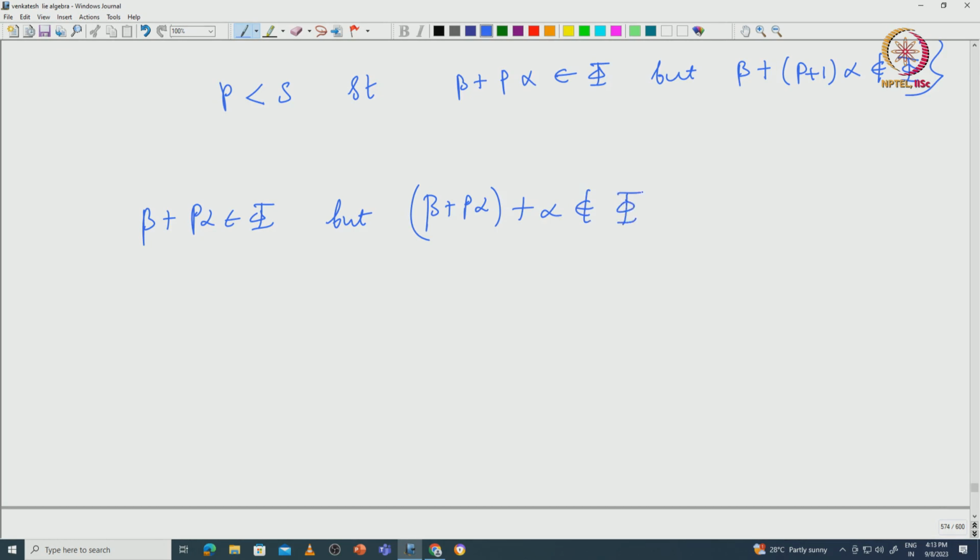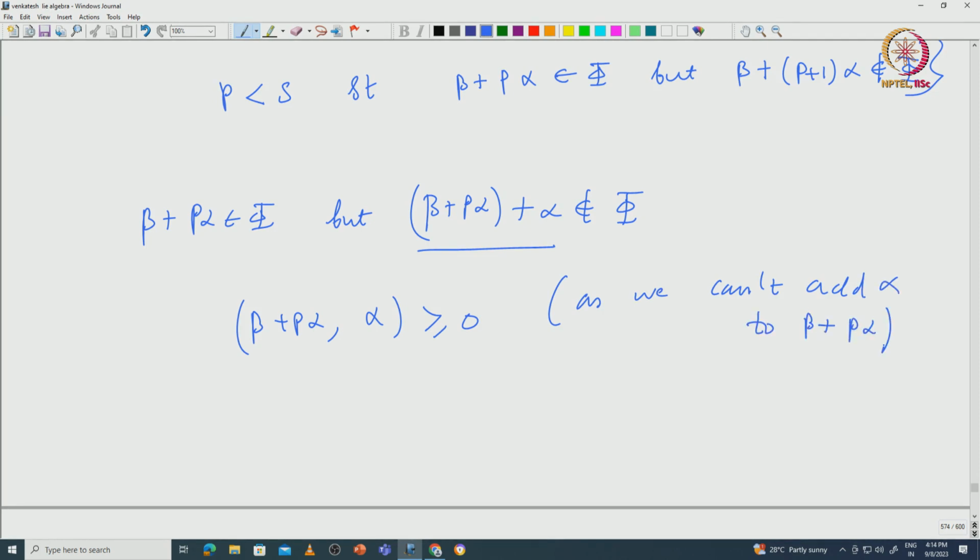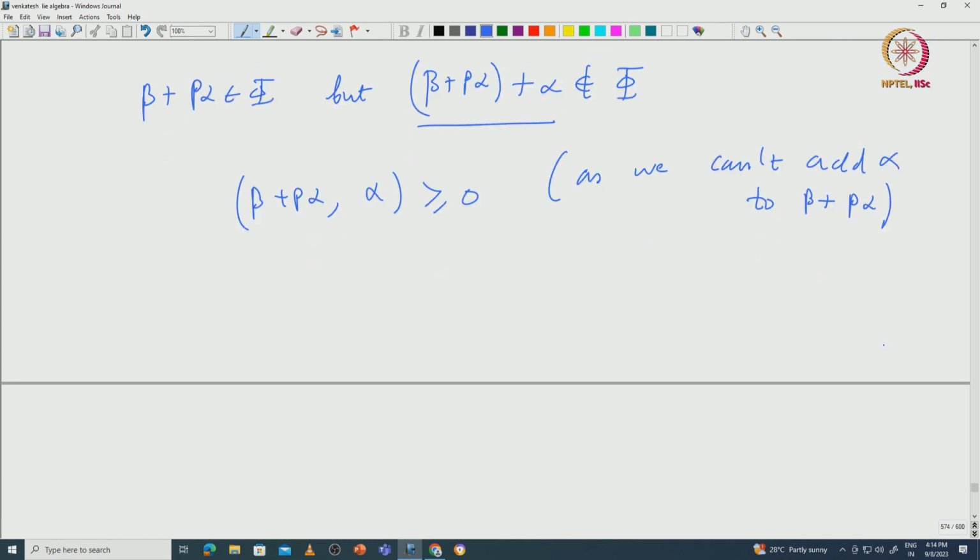So, from this we can conclude that the inner product of beta plus P alpha with alpha has to be always greater than or equal to 0. If it were less than 0, we would be able to add alpha. So, as we cannot add alpha to beta plus P alpha, using this lemma 3 we conclude this.